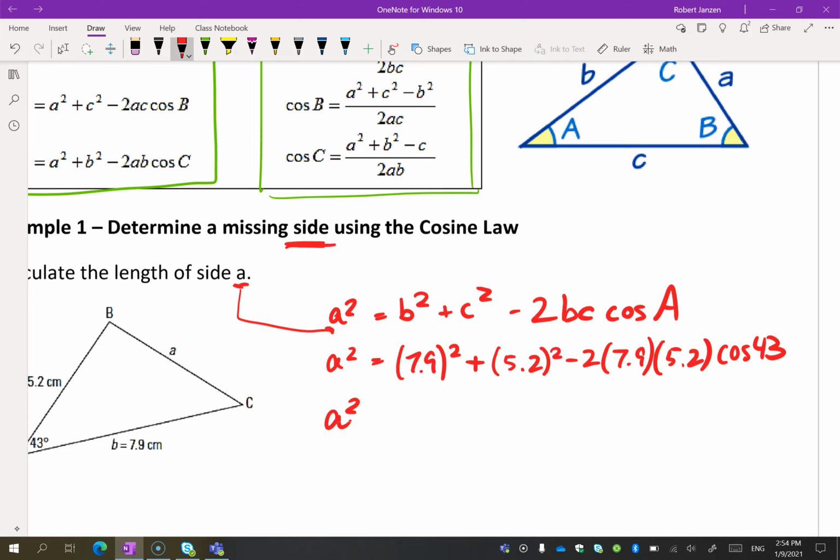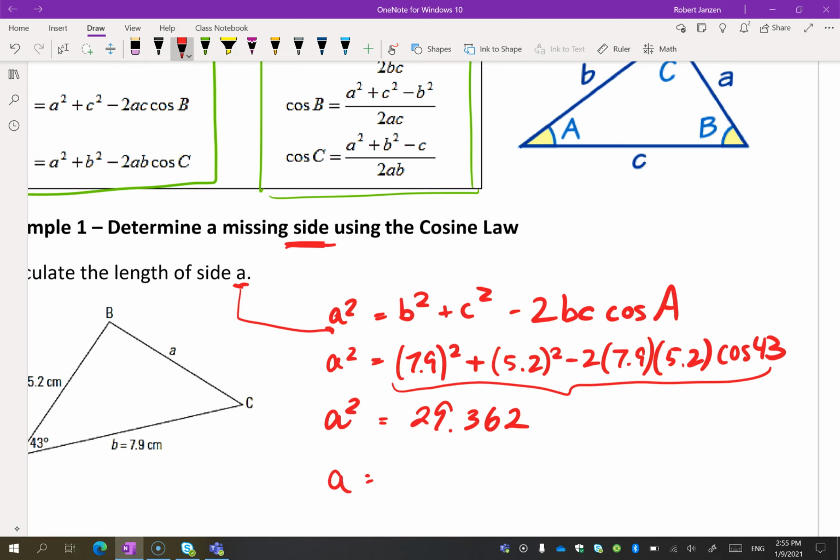What you want to try is to put this whole thing in your calculator. Now that's going to take some practice. You're not going to be able to do it the first couple times. But I'm going to give you what that answer is. It's 29.362. I want you to see if you can put that all in.